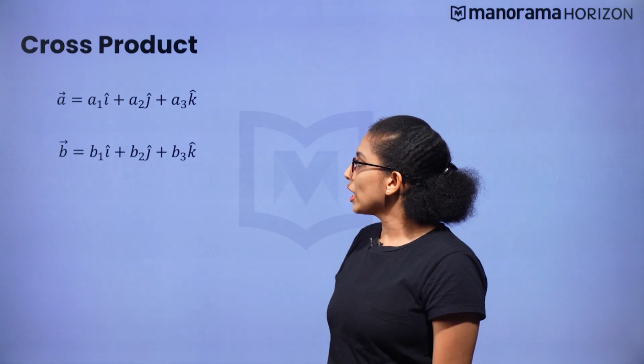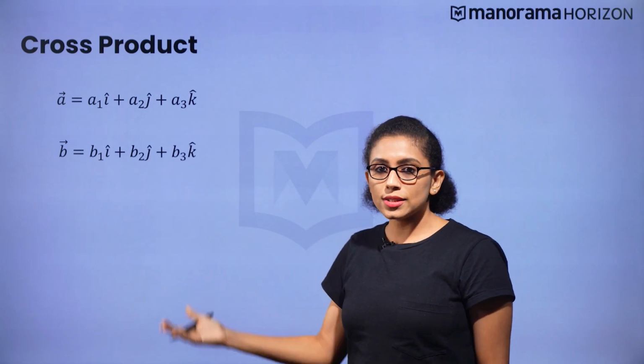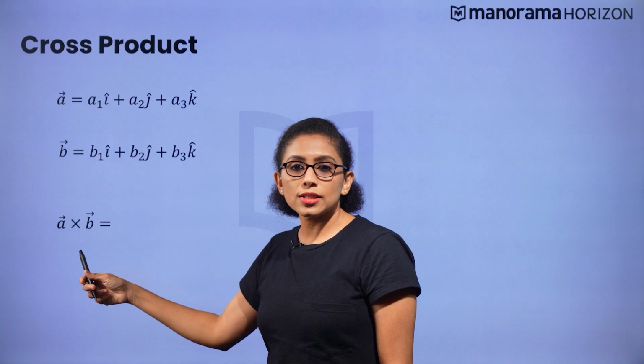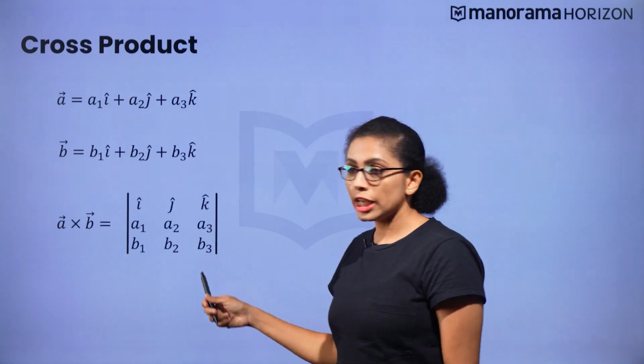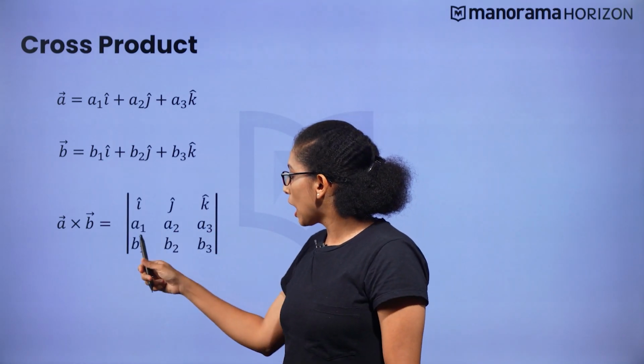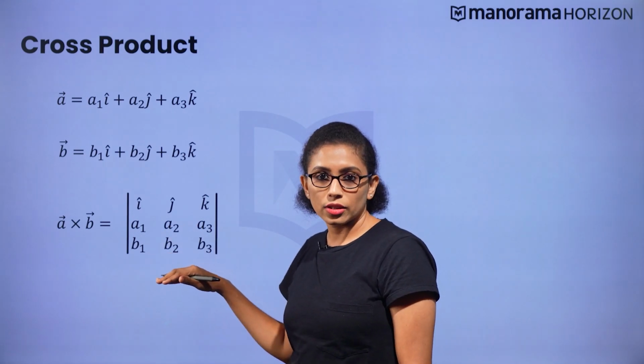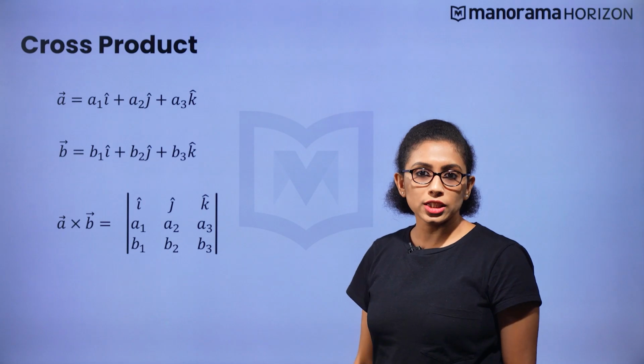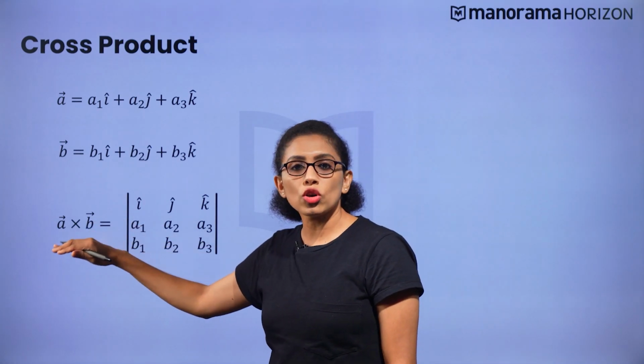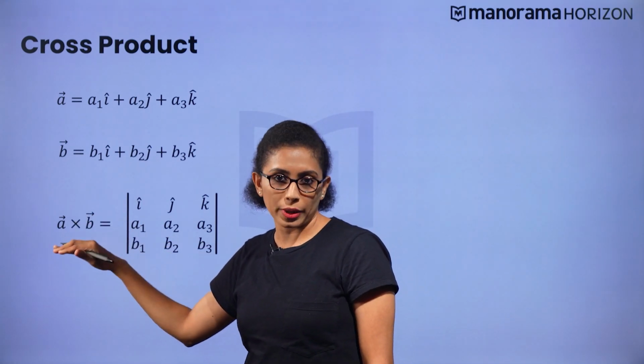So what we have to do? We have to take the determinant. The cross product is obtained as the determinant of i j k, A1, A2, A3, B1, B2, B3, written like this. Now we have to take the determinant. We get the cross product A cross B.